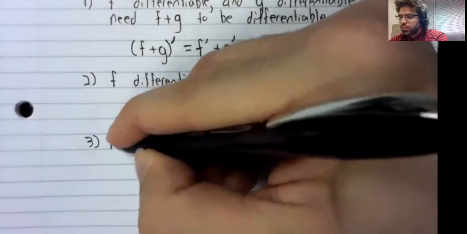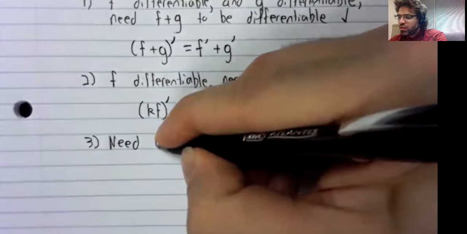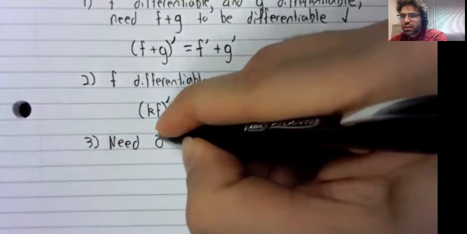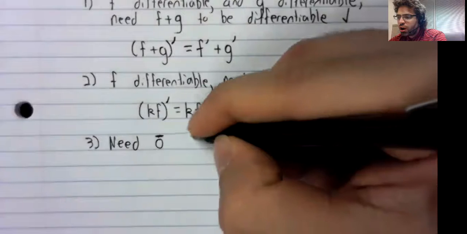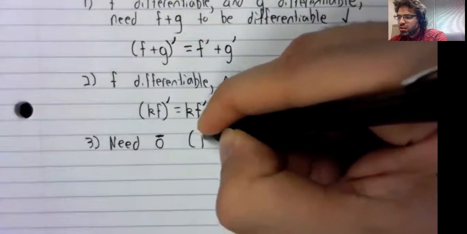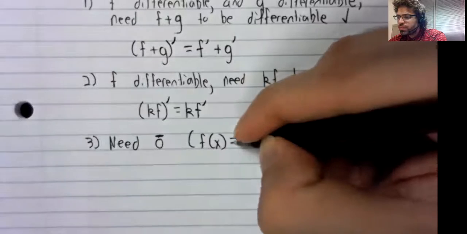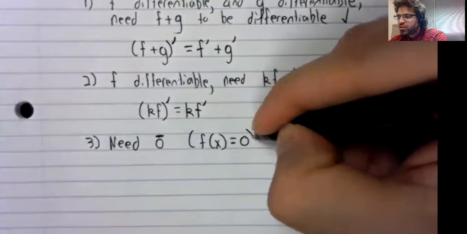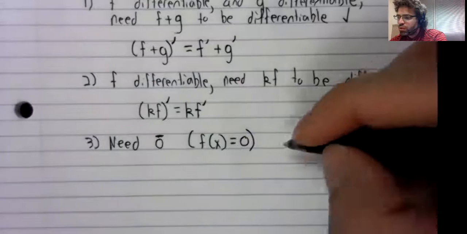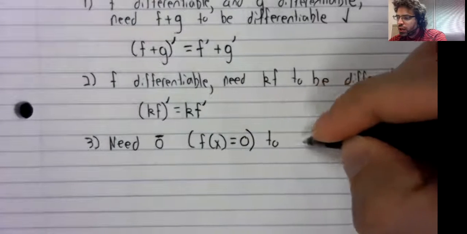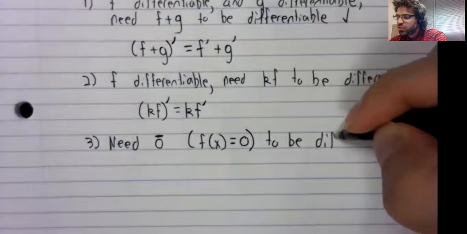Finally, we need the zero vector. Well, in this context, the zero vector is the constant function, f of x equals 0. And we need that to be in this set.